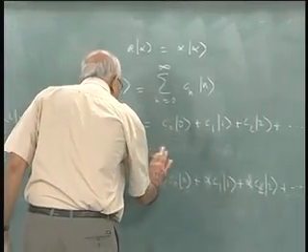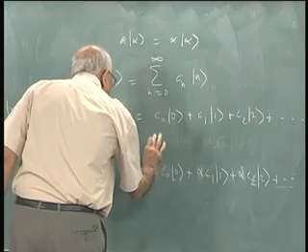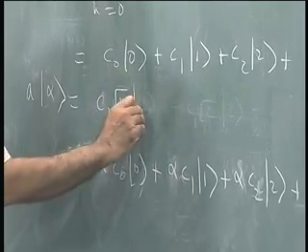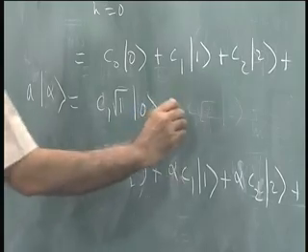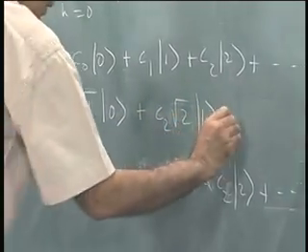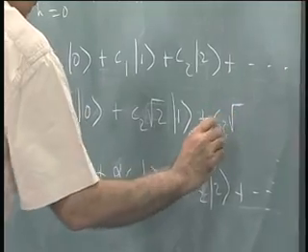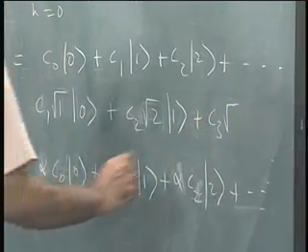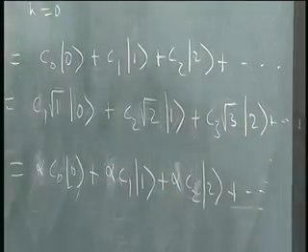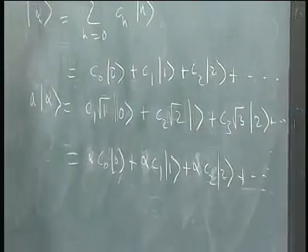So this guy here gives you C1 acting on 1, that is root 1 times 0, plus C2 root 2 on 1, plus C3 root 3 on 2 plus etc., and that must be equal to this guy here.